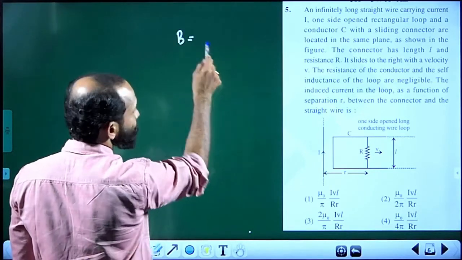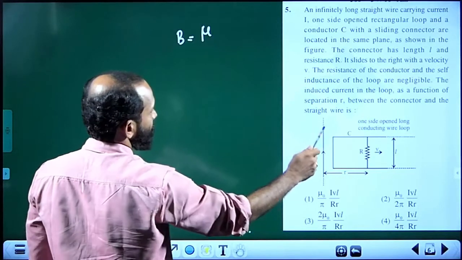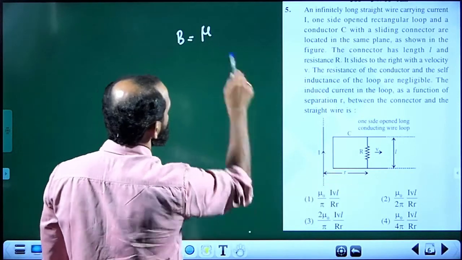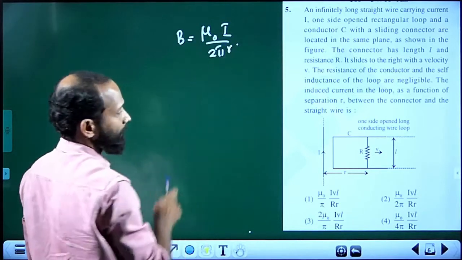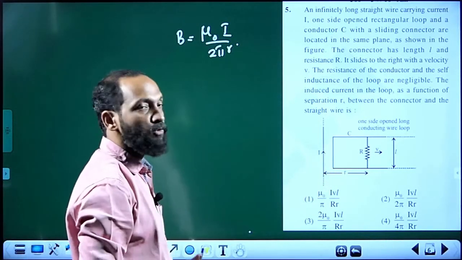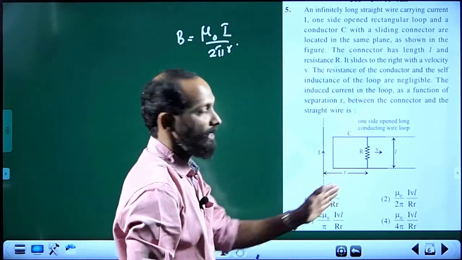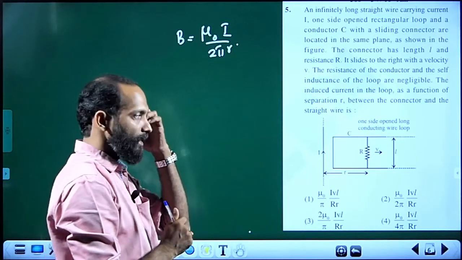Magnetic field due to an infinitely long wire at some point, at distance small letter r, is mu 0 I divided by 2 pi r. Now considering the movement of this sliding wire over a very small distance, the magnetic field is assumed constant.